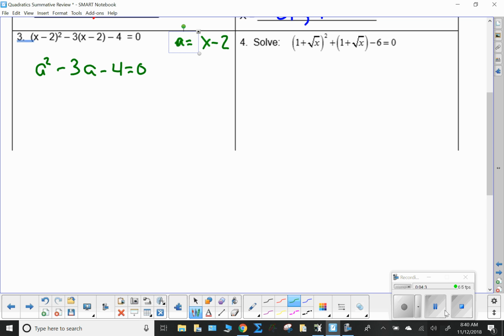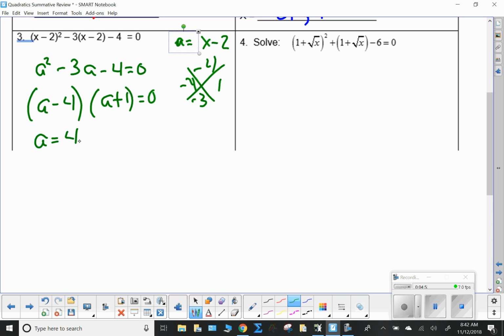And hang on just a moment. So, with this, I now need factors of negative 4 that add up to negative 3. That would be negative 4 and positive 1. A minus 4 times a plus 1 is equal to 0.